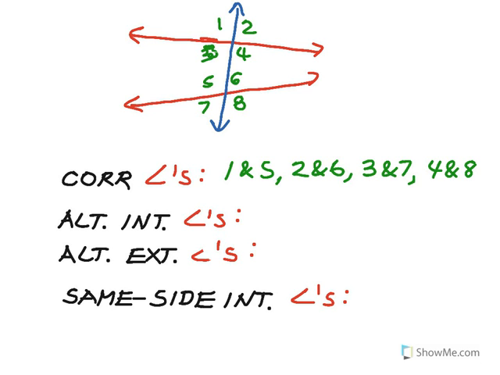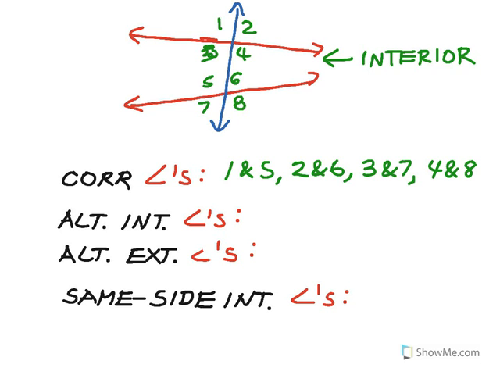Okay, alternate interior angles. These are angles that are on opposite sides of the transversal, so that's the alternate, and they're on the interior. They're in here between the two lines. So opposite sides of the transversal on the interior of the two lines.